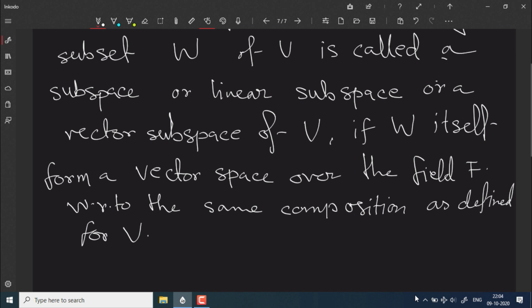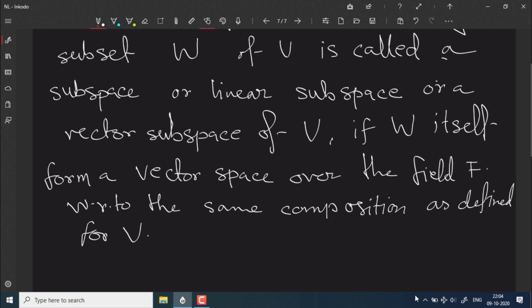So if you have defined for V, plus, addition as an inner operation, and a scalar multiplication, then for this case also you have to maintain that and check whether with respect to those two operations your subset W forms a vector space over the same field F or not.